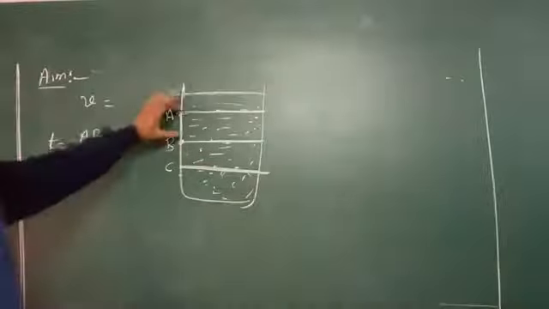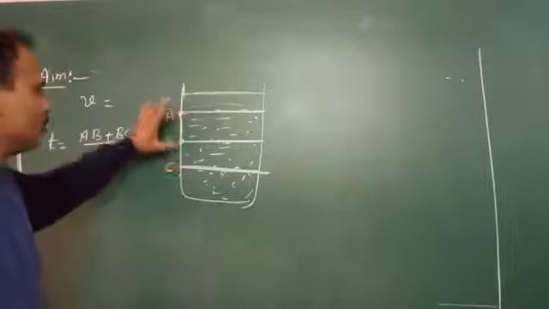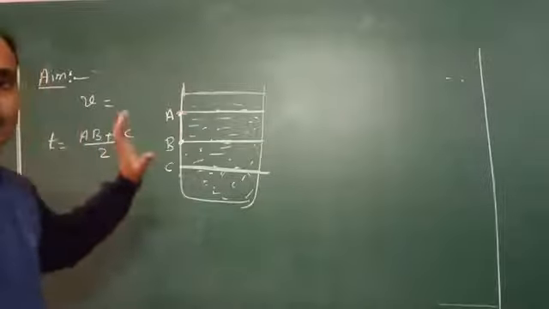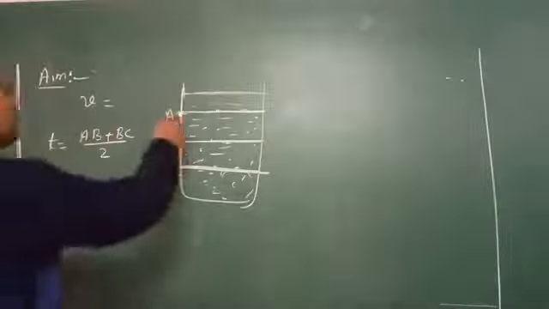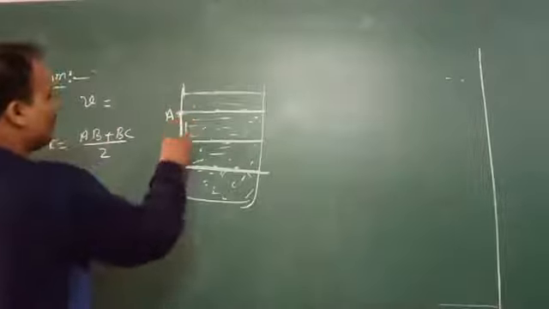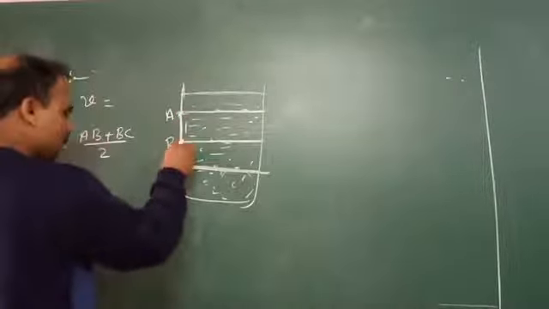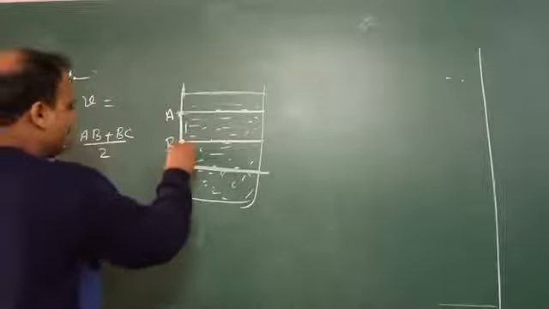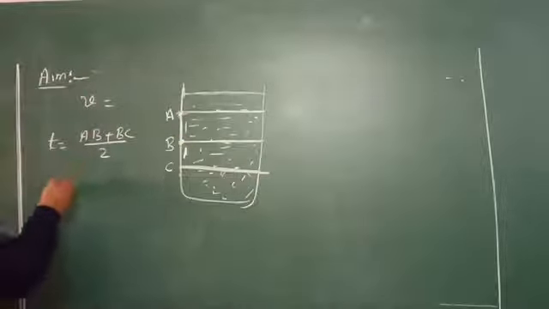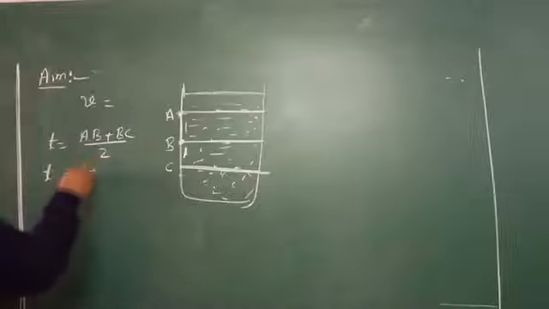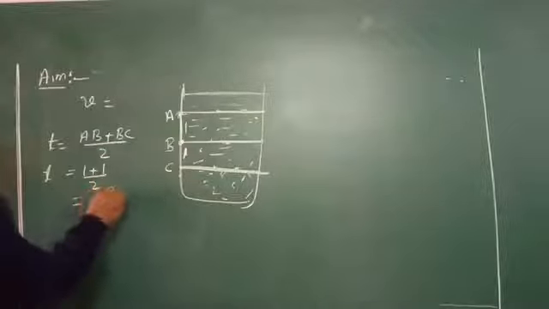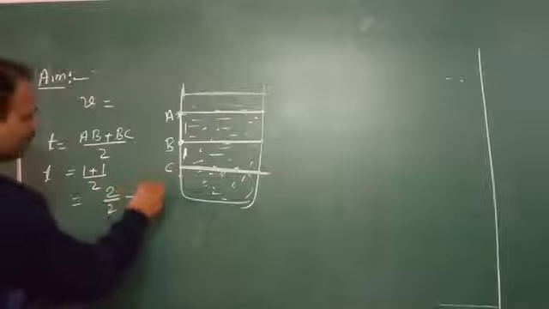Suppose the time from A to B is 1 second and from B to C is 1 second, so T is 1 plus 1 upon 2, that is 2 upon 2, equal to 1 second.